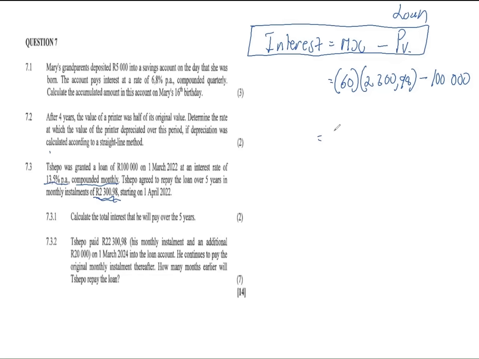For this one, that's 138,068.80, then minus the 100,000, which is going to give us what? 38,068.80. Right. So for 2 marks, that's what we were supposed to do.